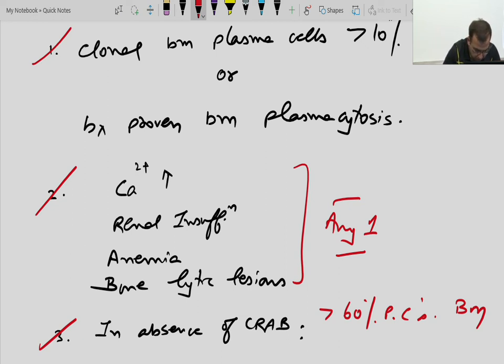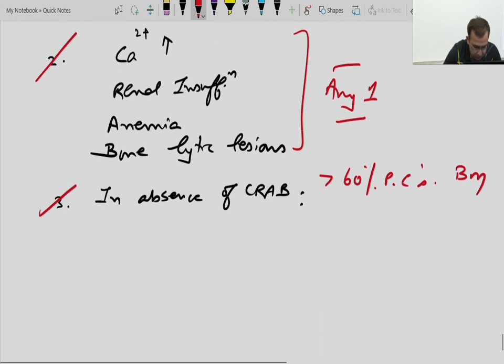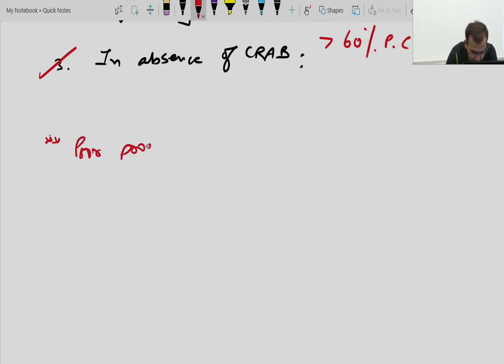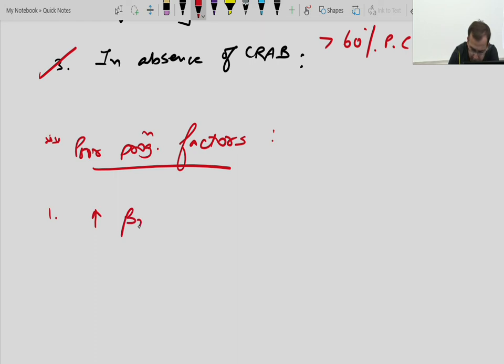Next point. This gets us to the prognostic factors. Put a double star on this and write down the poor prognostic factors associated with multiple myeloma. They are increased beta 2 microglobulin levels. Extremely important.